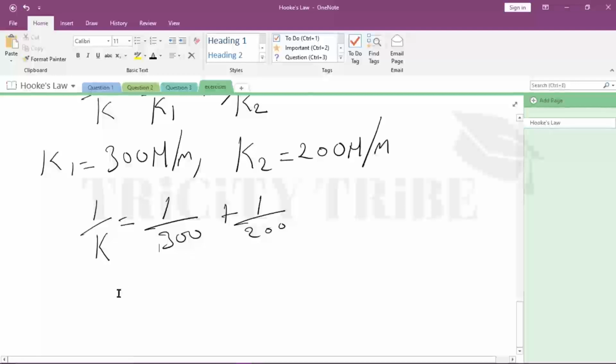Now, solving further, 1 over K is equal to what?